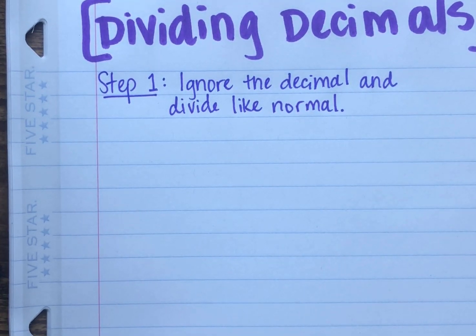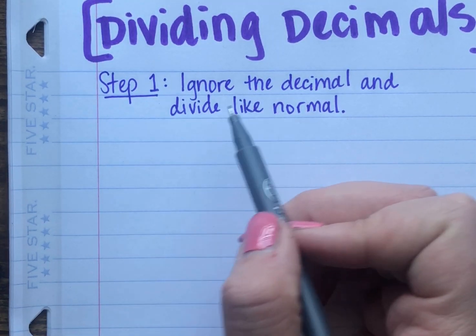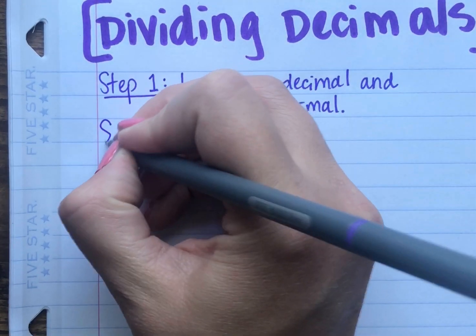I know that might sound a little weird. Some teachers have students move the decimal at the very beginning of the division problem. I've been working with 7th grade long enough to know that sometimes when we move our decimal at the beginning, we mistake where our numbers are supposed to go. So then our decimal actually ends up in the wrong spot. So I would very much encourage you just to divide like normal, and then we'll worry about moving our decimal at the end.